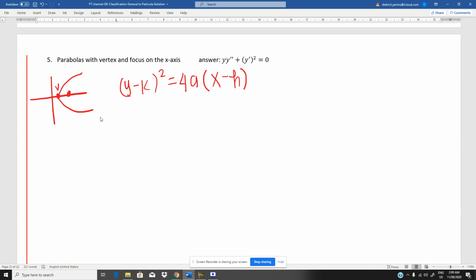As you can see, we don't have a value of y here for the vertex and focus, meaning this will cancel out. So we will have y squared is equal to 4a quantity x minus h. As you can see, we have two arbitrary constants, which are a and h.